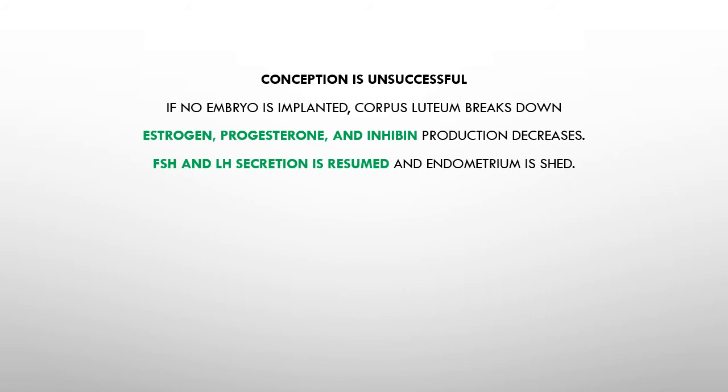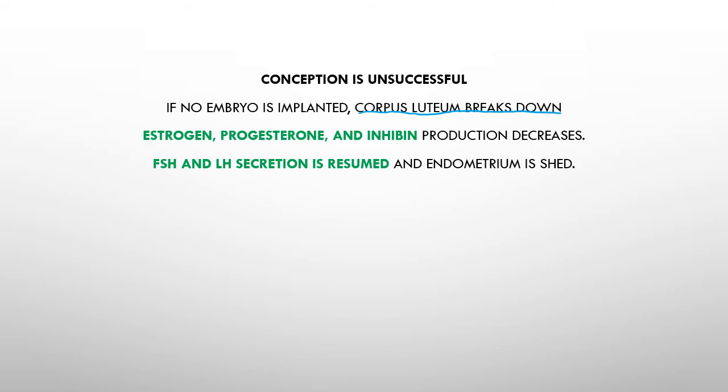So if fertilization does not occur or implantation does not occur, we could have potentially fertilization without implantation, and that could potentially occur as well. If that doesn't occur, the corpus luteum is going to start to break down, and it's going to start to form a corpus albicans.